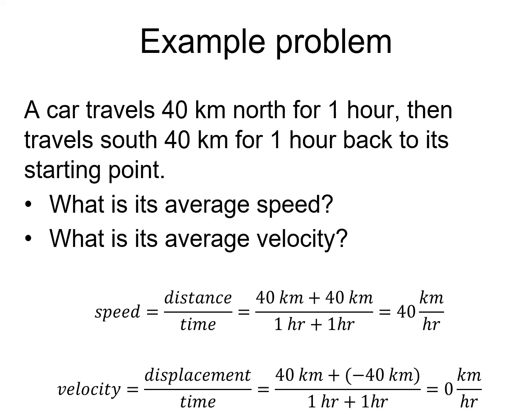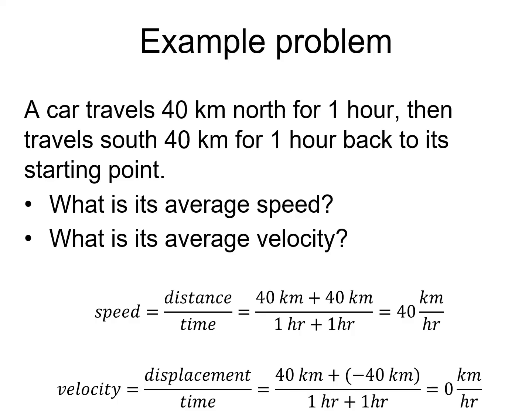Huge difference. That's why it's extremely important for you to distinguish between distance and displacement. Those are scalar and vector quantities, and they give vector or scalar quantities as a result when you use them in other calculations.